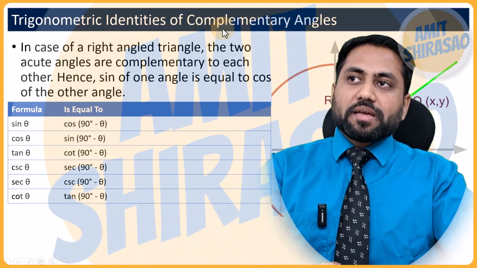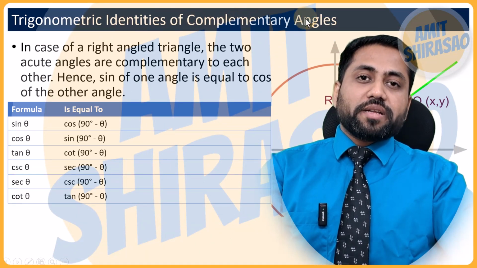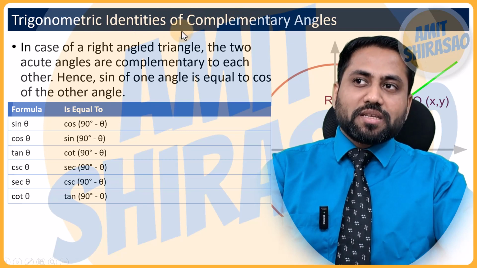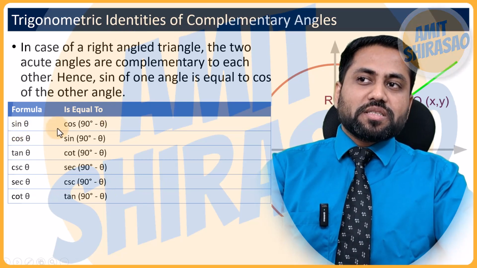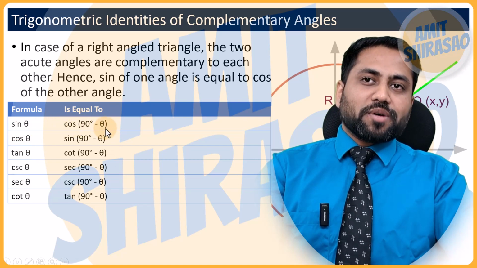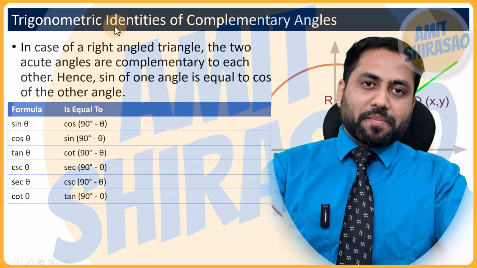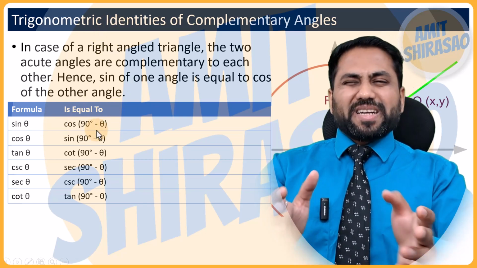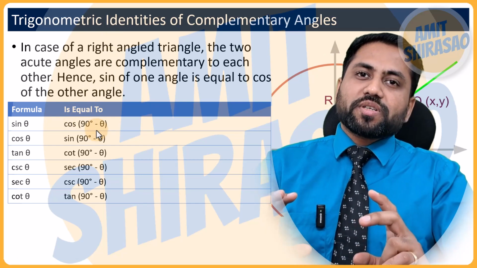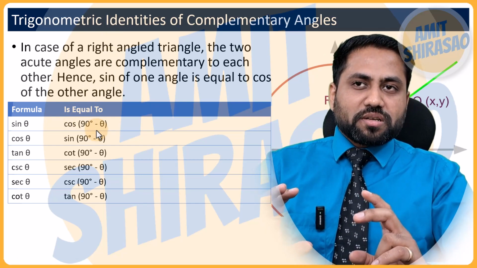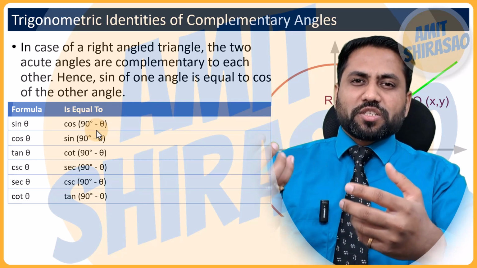Now, trigonometric identities for complementary angles. It's a fancy name for these formulae. When I say sine theta is equal to cos 90 minus theta, this is called a trigonometric identity. Ideally it should not be called an identity. What is the difference between expression and function?